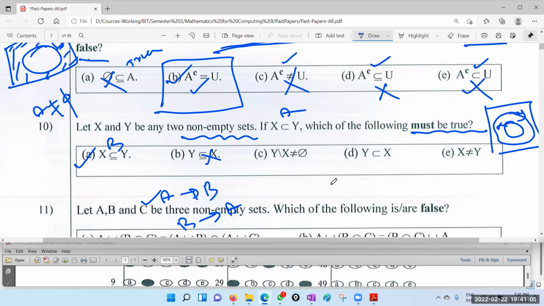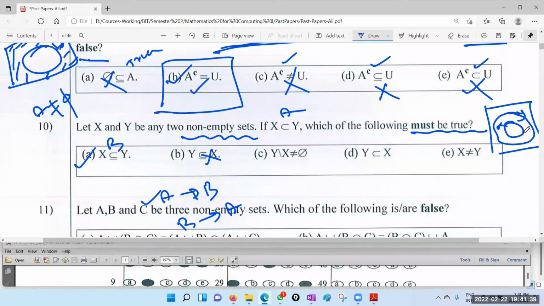Next, Y minus X. Remember, X and Y are non-empty sets, so there must be at least something reduced from Y. Y minus X will be empty only if X equals Y. But there's no possibility of X equal Y because X is a proper subset of Y. So Y minus X cannot be empty.